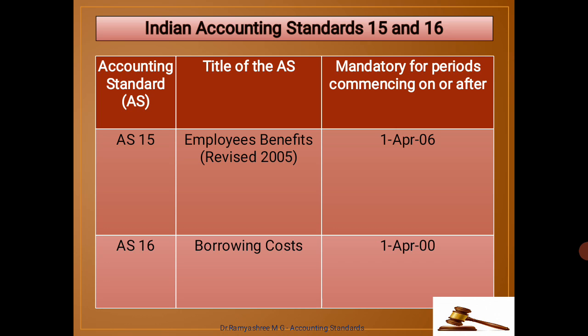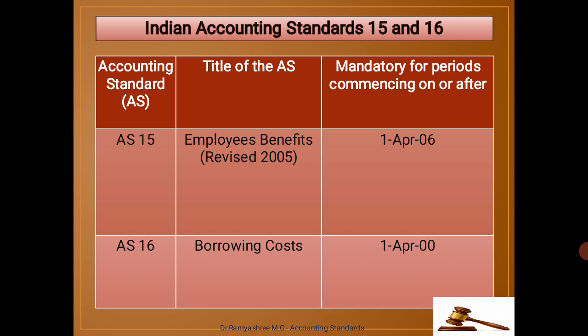This standard was revised on April 1st, 2006. The retirement benefit schemes are the arrangements to provide provident fund, superannuation, pension or gratuity or other benefits to employees on leaving the service or retiring or after the death of an employee to his dependents.